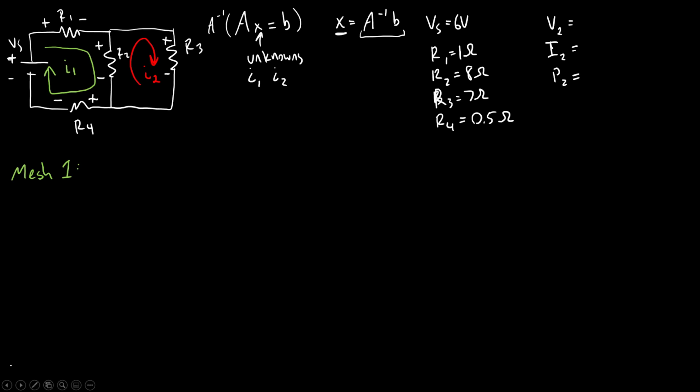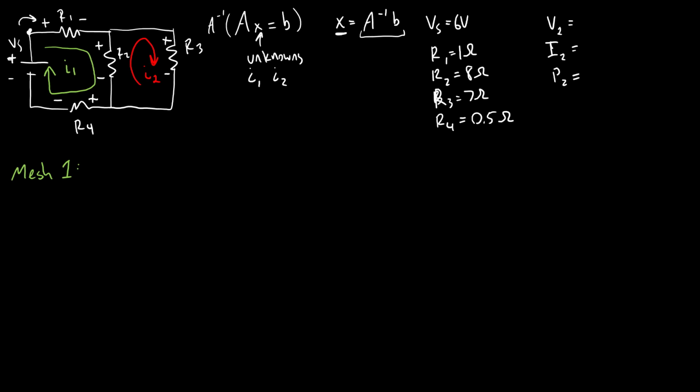Now, again, I covered in a previous video, there are different ways you can apply Kirchhoff's voltage law, but as long as you are consistent with how you apply your signs, you should get the same answer or a mathematically equivalent equation at the end of the day. So the convention I'm going to follow here is I'm going to start in the top left at the positive end of the battery, and I'm going to go clockwise around the loop.